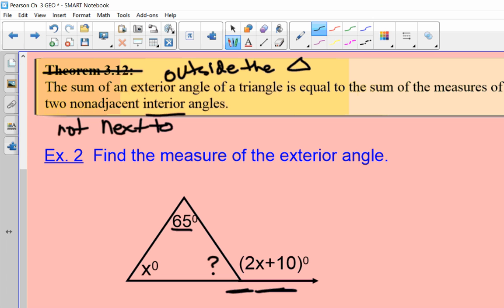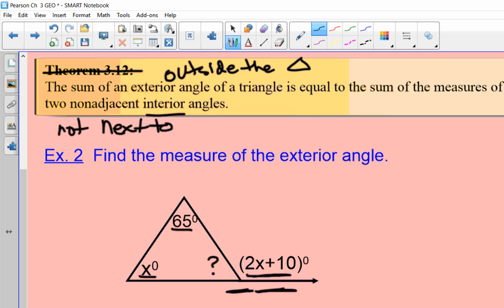So this angle and this angle are non-adjacent, okay? So let's go back to the theorem. It says the sum of an interior angle of a triangle, and it says sum because I think they're adding this to it. It should really just say the measure, okay? But in this case, we have an algebraic expression.